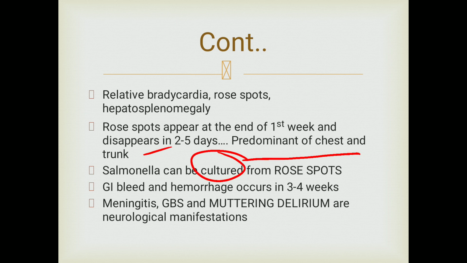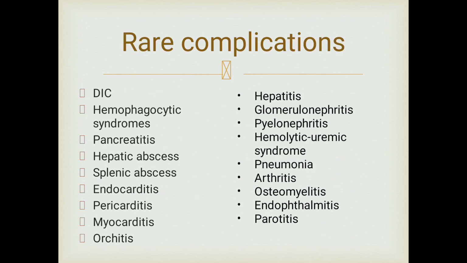The complications of salmonella, that is typhoid fever, in the form of gastrointestinal bleed and hemorrhage usually occur in the 3rd to 4th week, and this bleed and hemorrhage can be drastic and can lead to mortality also. The neurological complications of typhoid fever are meningitis, Guillain-Barré syndrome, and muttering delirium, as we said earlier, and coma vigil. These are the rare complications.